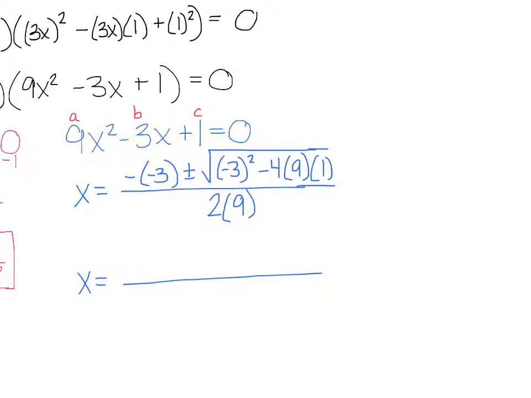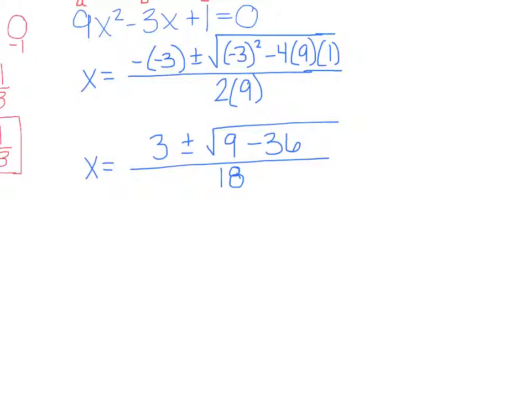Now we got to simplify. Kayla, what happens to our -3 up there? Turns positive, good. Plus or minus, -3 squared is 9. Kylie, what's -4 times 9? -36. All over, Jalissa, 2 times 9? 18. Doing good, still going.